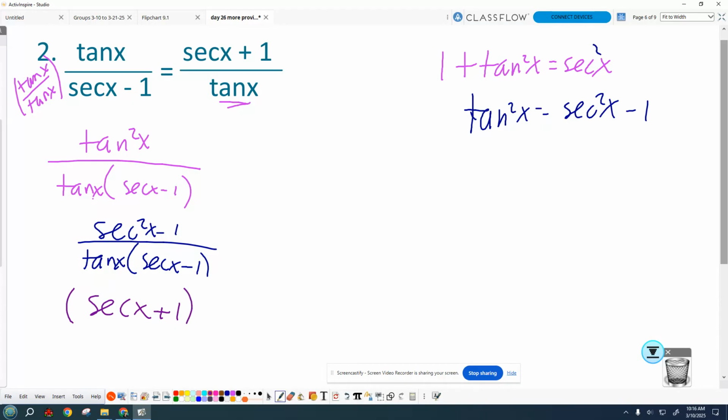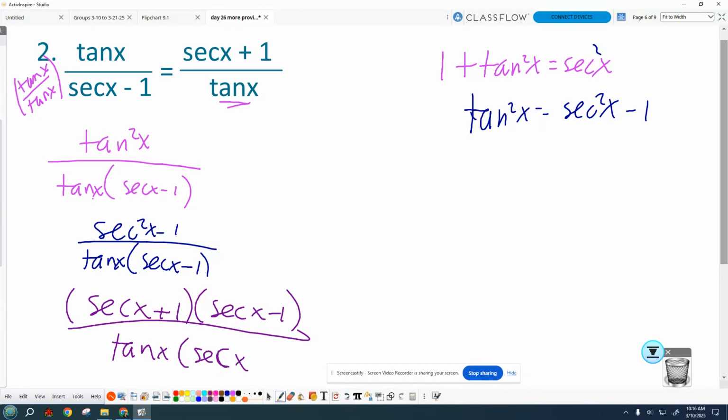Secant plus 1, secant minus 1. Those cancel. And again, looking to the other side is your guidance. If you don't know that this is going to factor, look at the other side and think, I need a secant plus 1. Does this fit a difference of squares pattern?